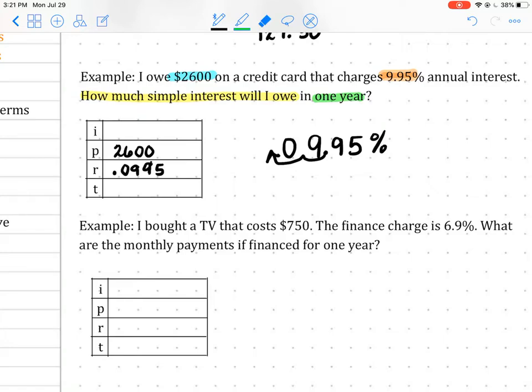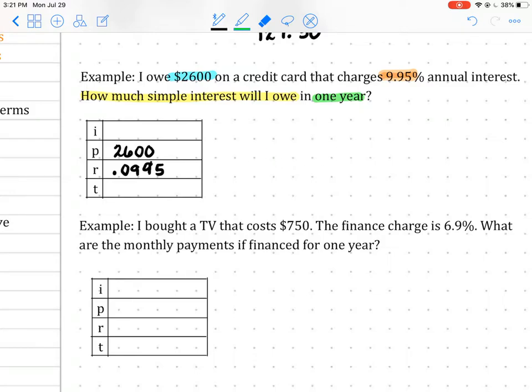And when I was in school, that gave me fits. Let me do it one more time for you. The rate is 9.95%. So I'm going to say 1, 2. So I add a 0. And that's the rate that I'm going to use in my formula.